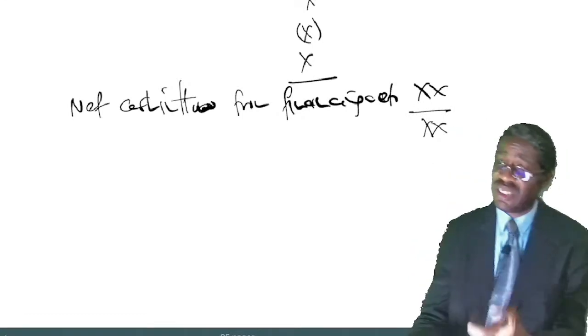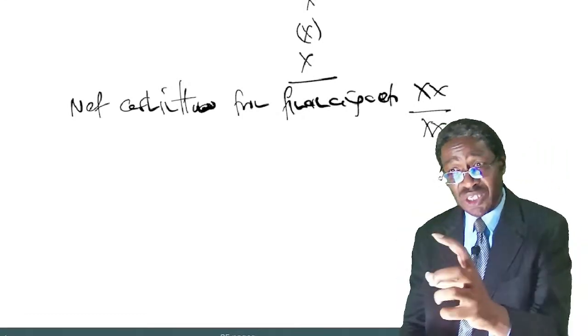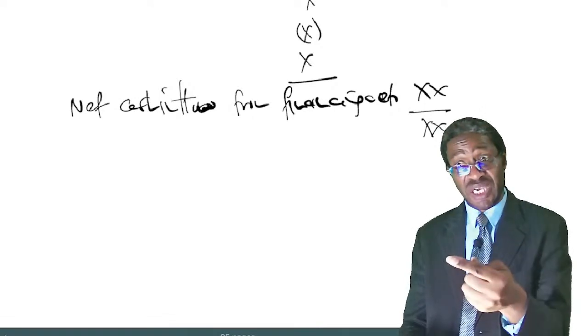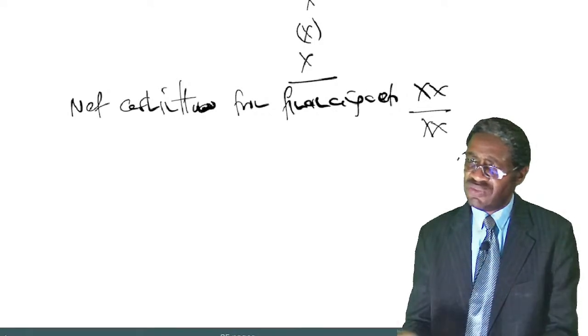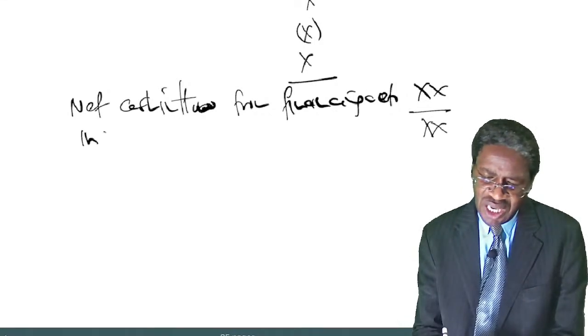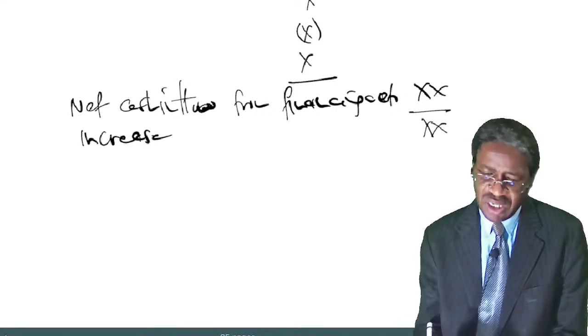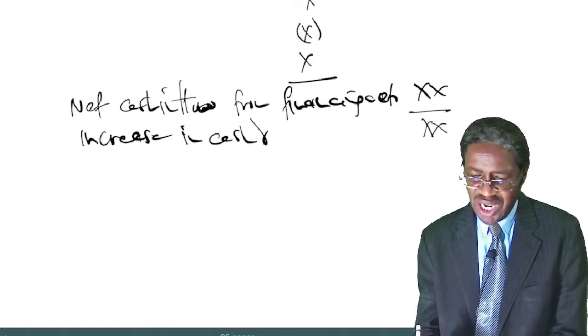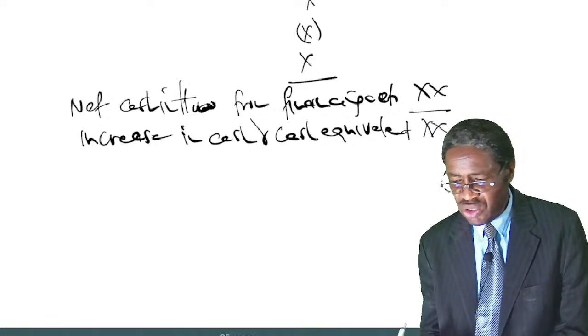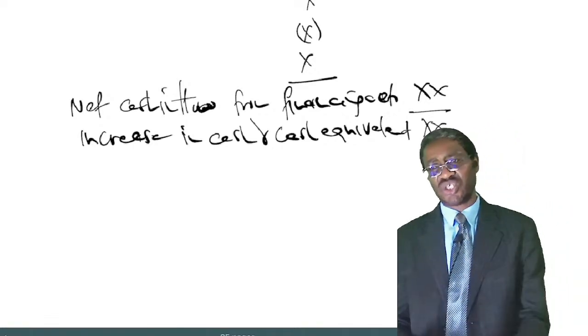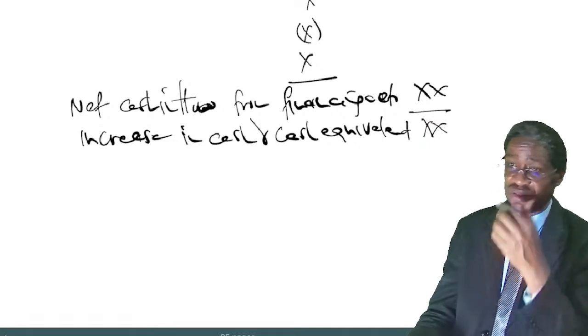That amount can either be a positive or a negative. I do hope you remember. If it was a positive, you used to call it increase in cash and cash equivalent.